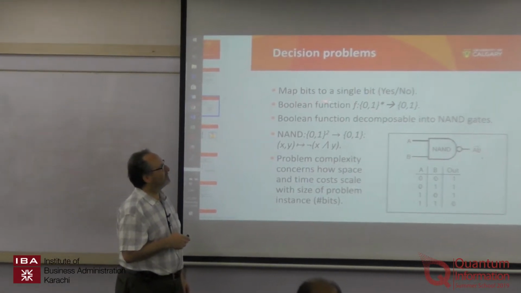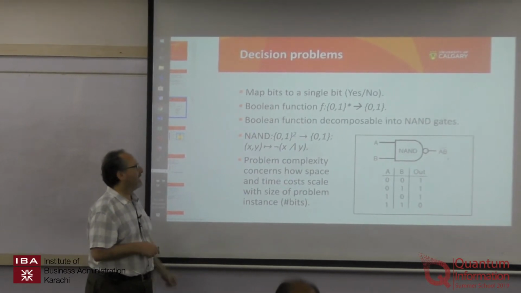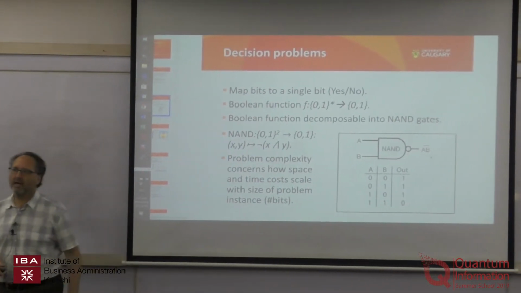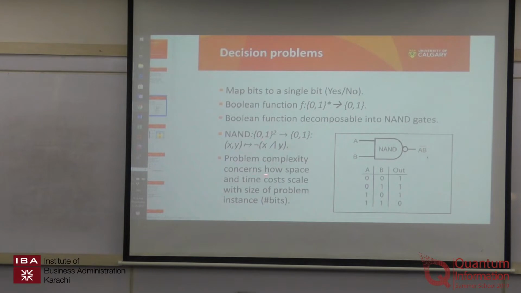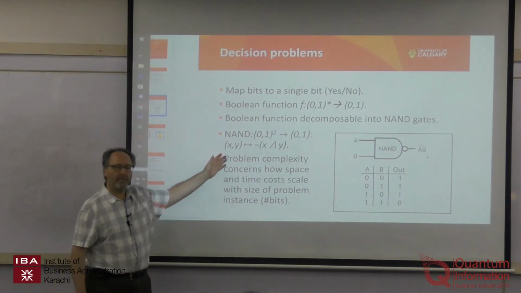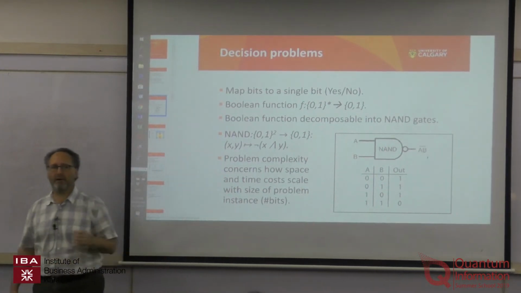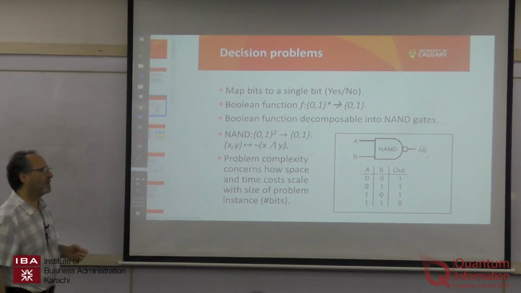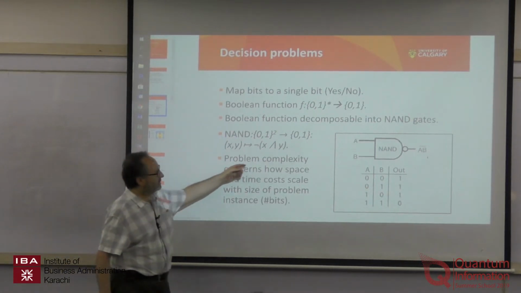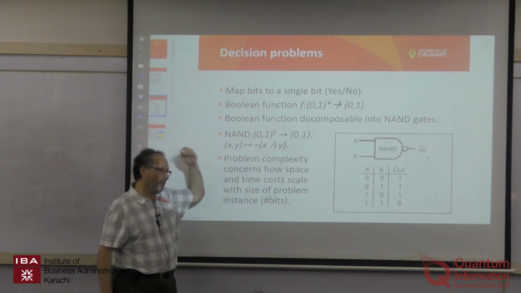Okay, so yeah, that's the Boolean function. We could decompose it into NAND gates, and then ultimately the question is, how does the cost scale with the number of NAND gates? That's the complexity. And the whole point of quantum computing up until the last few years has been to identify computational problems for which the complexity using a quantum computer scales better.